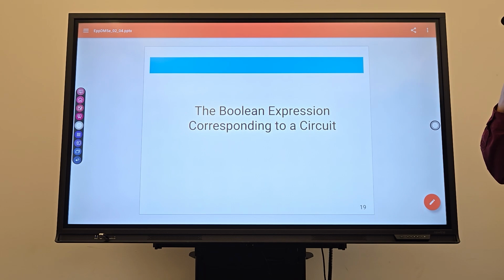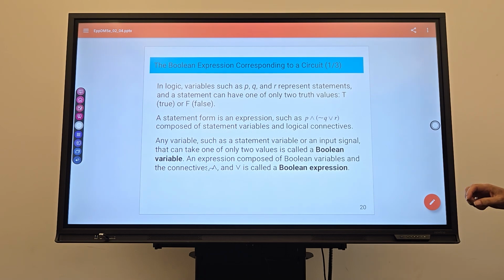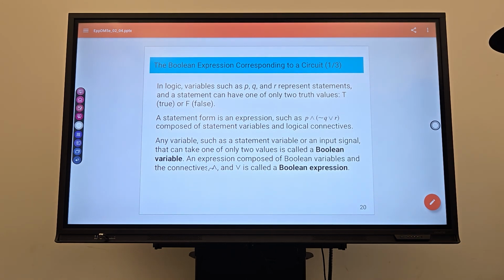Boolean expression corresponding to a circuit. In logic, variables such as P, Q, and R represent statements. A statement can have only one of 2 truth values, true or false. A statement form is an expression such as this, composed of statement variables and logical connectives.